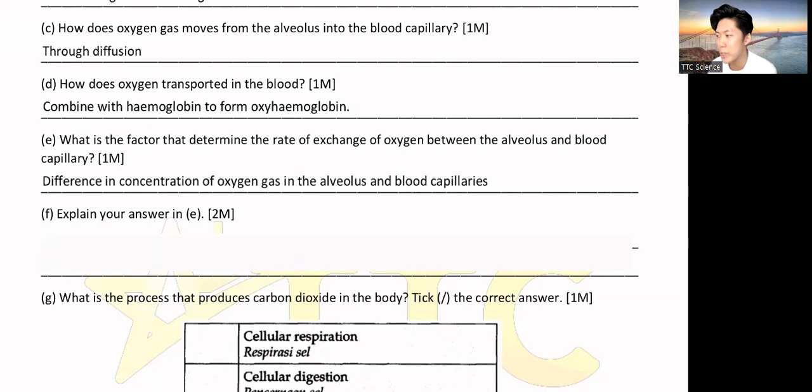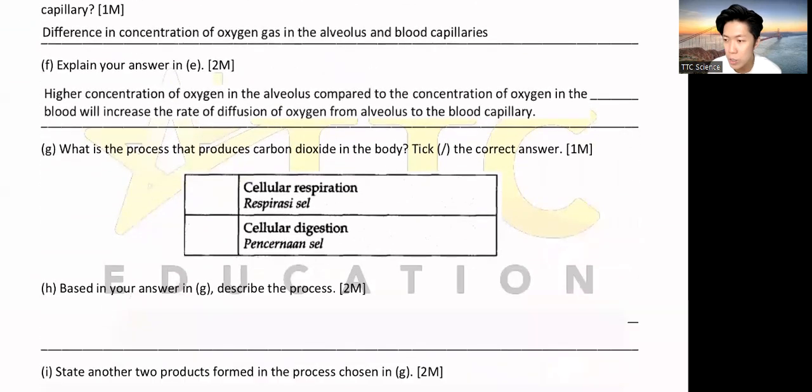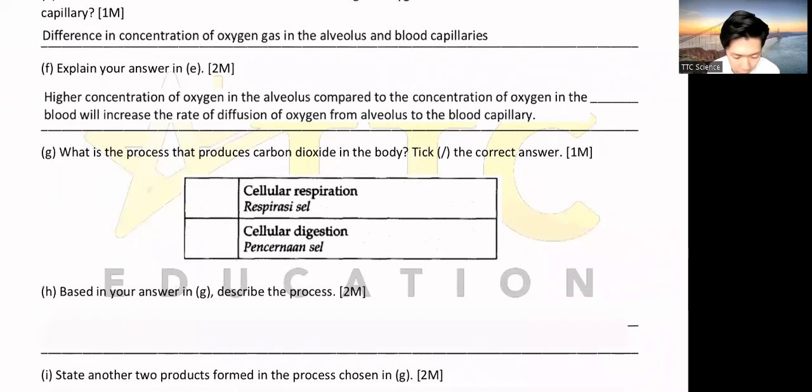So if oxygen in the alveolus is higher concentration than in the blood, then there is a higher rate of exchange. Higher concentration of oxygen in the alveolus compared to the blood will increase the rate of oxygen diffusion.